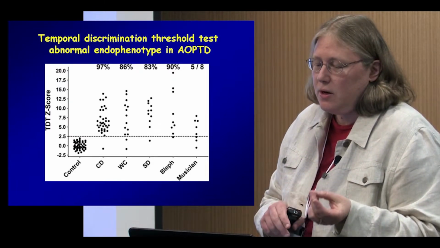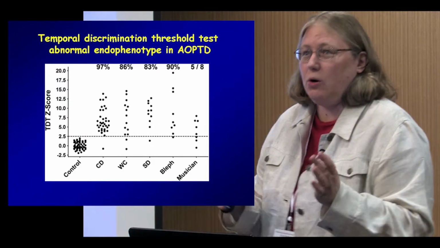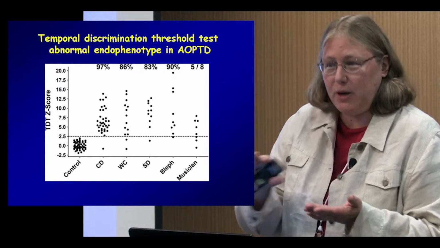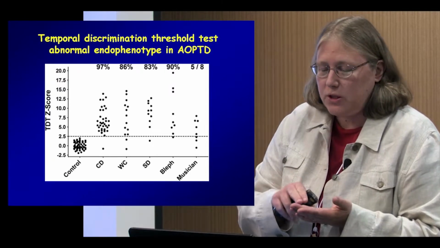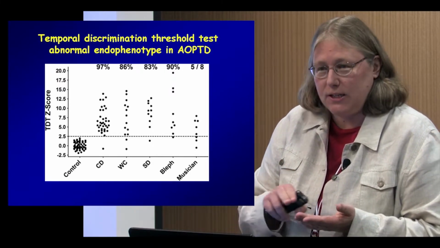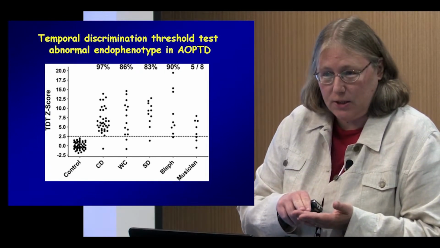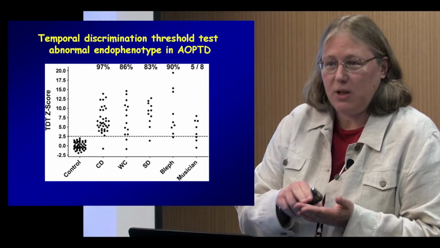And it turns out that the average person can distinguish the 2 stimuli at about 20 milliseconds. But a person with different kinds of adult onset dystonia takes about 40 milliseconds to distinguish those 2 stimuli.